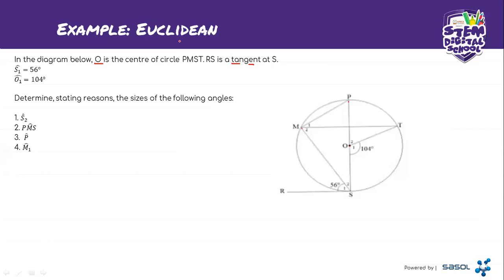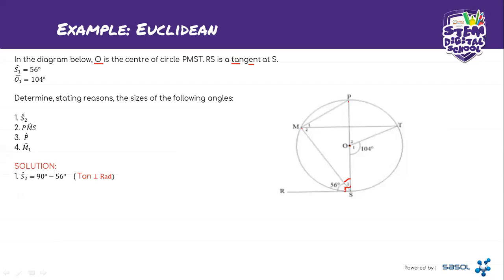Now, let's try to answer the following question. Determine and state the reason for the size of the following angles. Angle S2, let's go and see, angle S2 is this one here. Then we say angle S2 equals 90 minus 56, tangent perpendicular to radius. We all know that a radius, a line from the center, is always perpendicular to the tangent, meaning where they meet, they form 90 degrees.